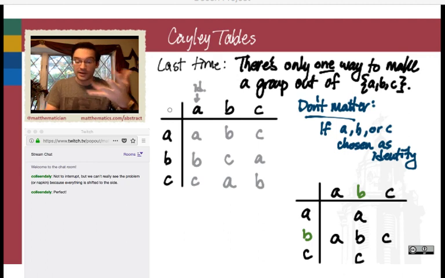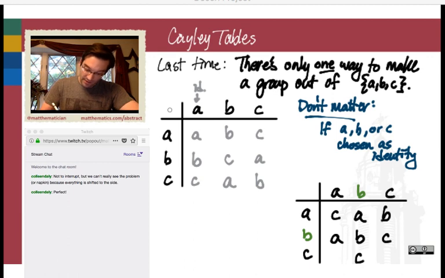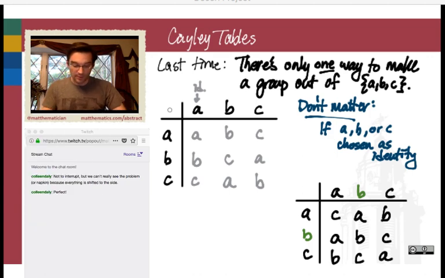So if B were my identity, I would have to fill in these squares in that way. But then AA would have to be C, AC would have to be B. Wait, that's not right. Oh no, that's right. CC has to equal A. Right, so I would end up getting this Cayley table.